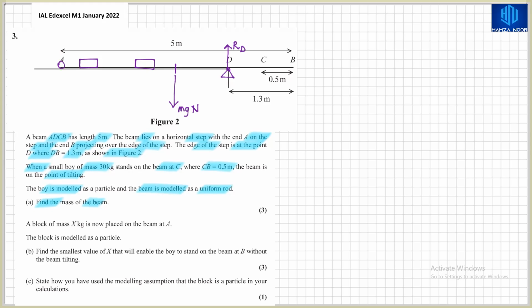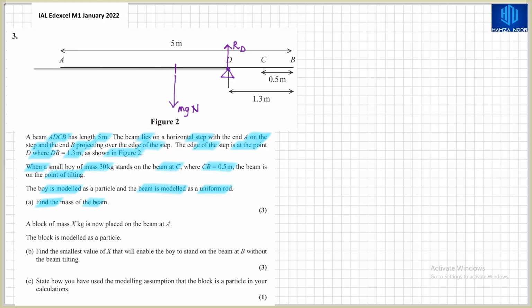In this case, the edge at the point D is the support, because when you place an object over here, the rod would tilt about point D. The rod has the ability to tilt about point D, so therefore we have a normal reaction force over here. But if you keep any object anywhere along this beam, it is impossible that this beam will tilt about point A. Therefore, there is no normal reaction over here at all.